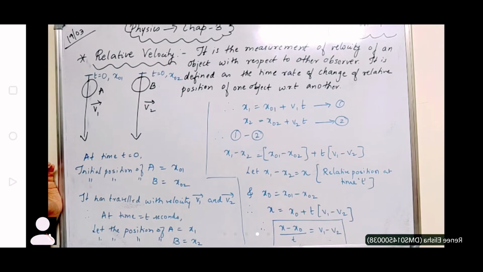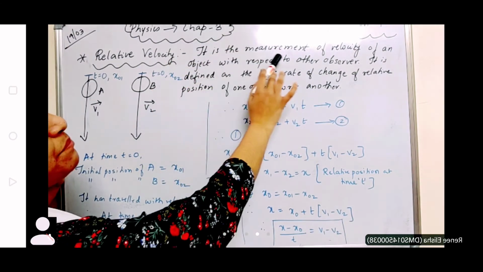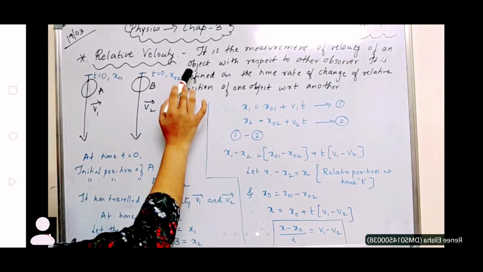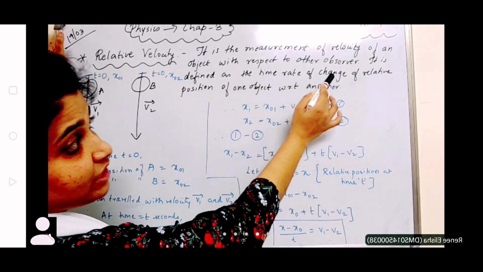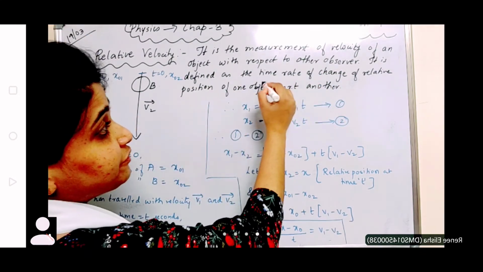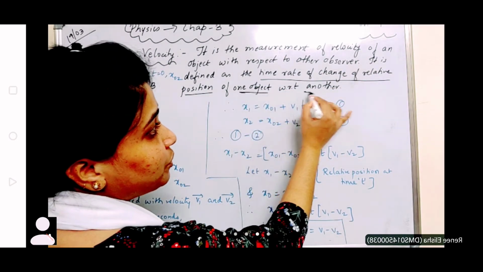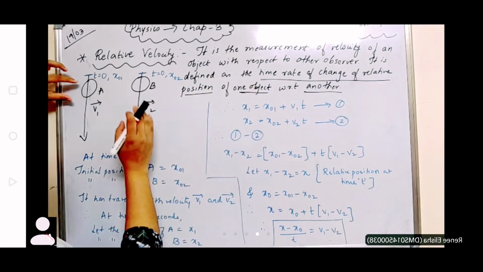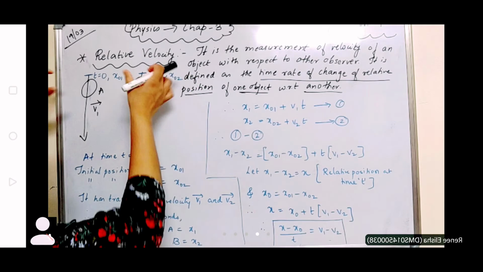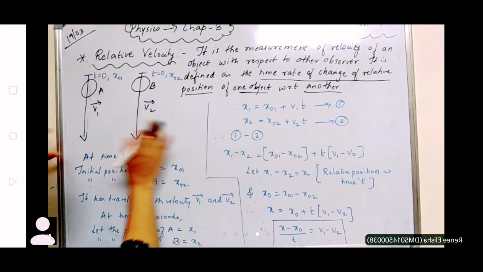I'll tell you the meaning of this statement. First I'll read it out. It is the measurement of the velocity of an object with respect to another observer. It is defined as the time rate of change of relative position of one object with respect to another object. Suppose A and B, both these cars, are moving with some particular velocity.